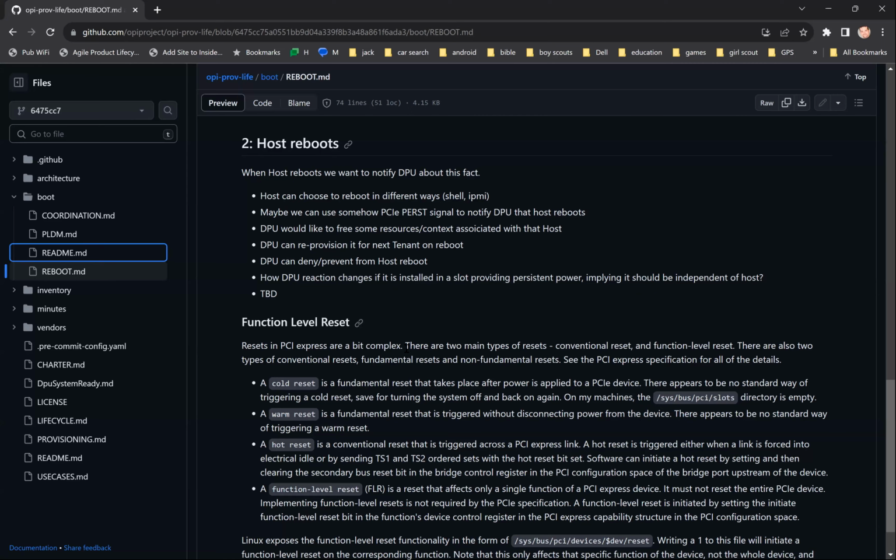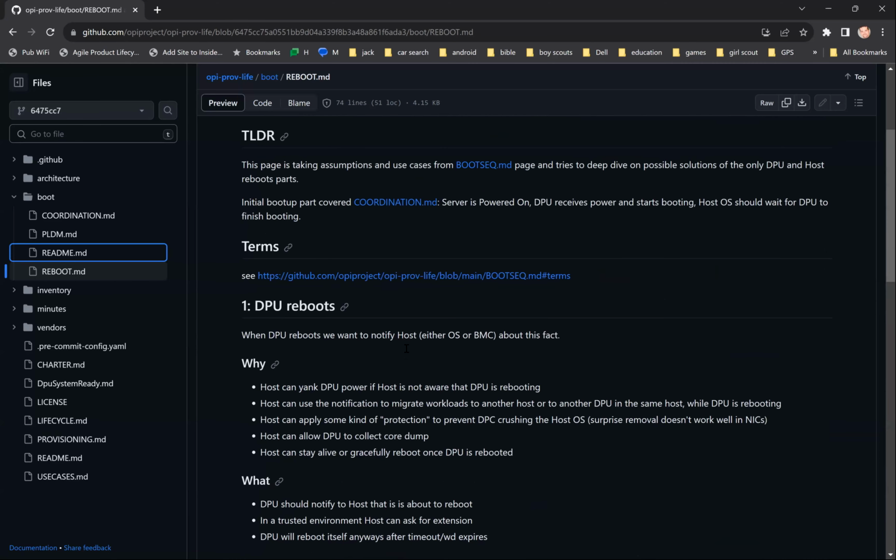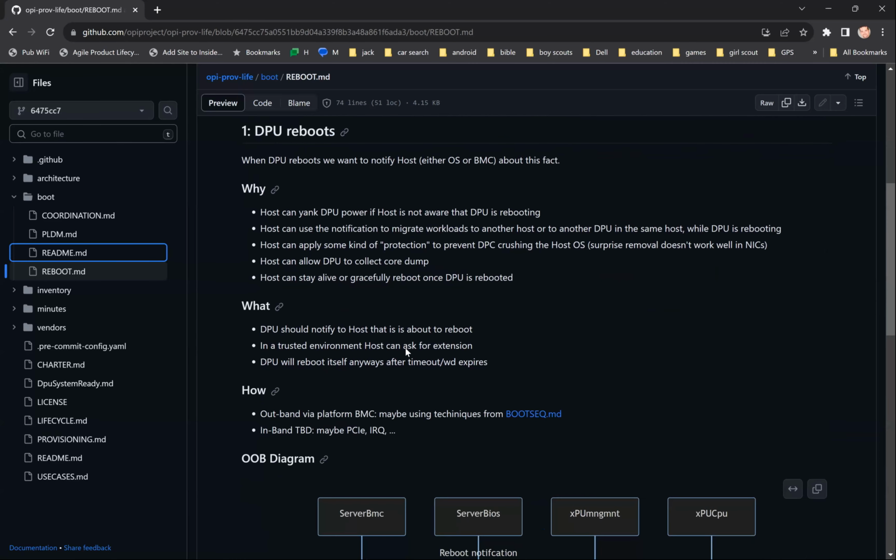Do we need a boot flag which says the OS is shutting down in the table? In the PLDM table, what we discussed before? Yeah. So I'm even before the implementation. I'm saying these are the use cases we want to solve, and then how we solve them.